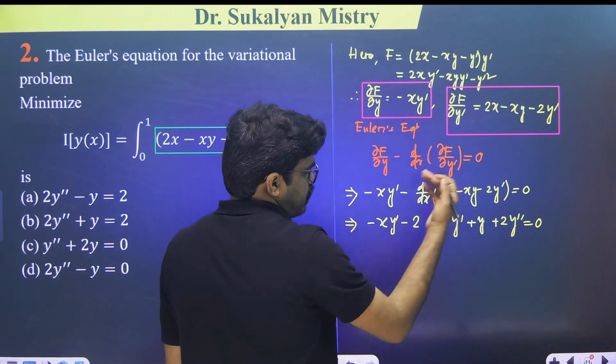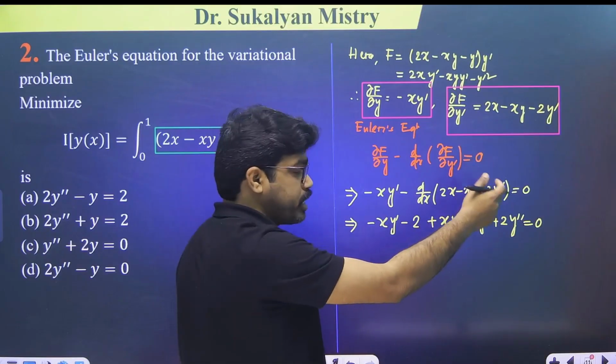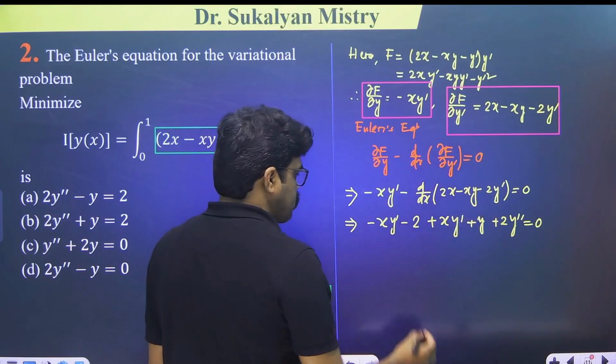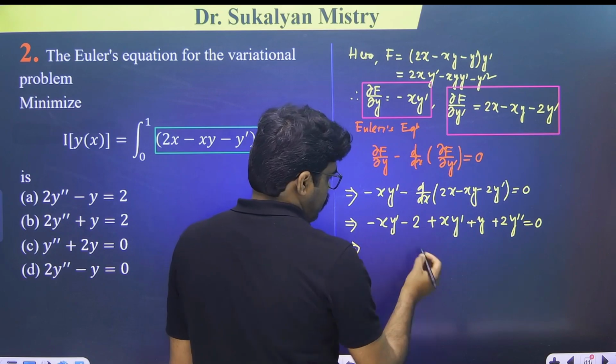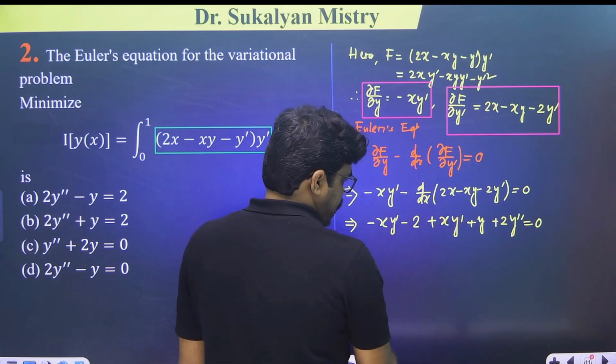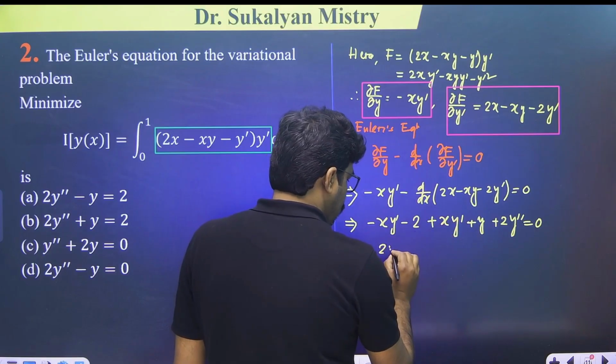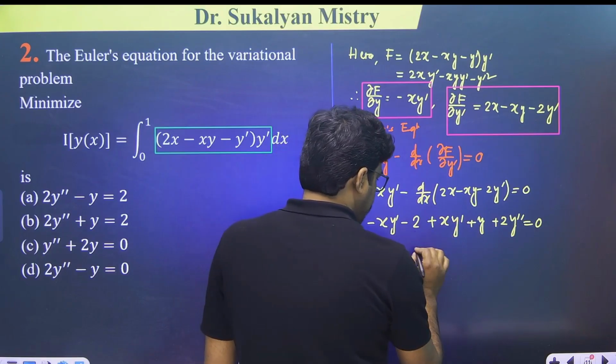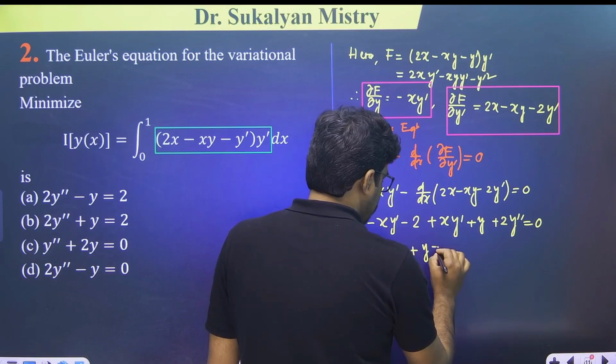Derivative of y dash, that is y double dash, is d2y/dx2. So minus xy dash plus xy dash cancel, so 2y double dash plus y equals 2.